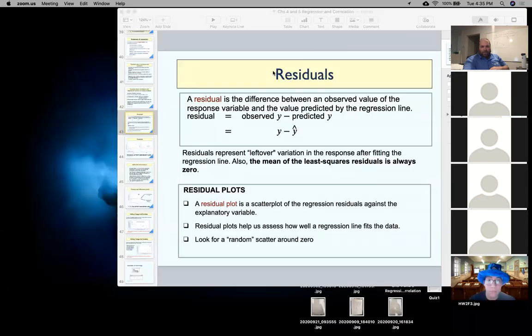When you have your best fit line, let's say you have 3 dots and you decide that that is the line that best fits. The difference between the data points and the line, that vertical distance, is your residual.